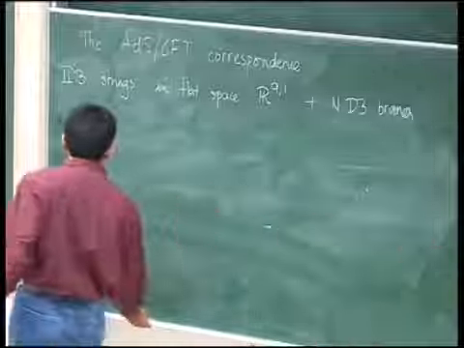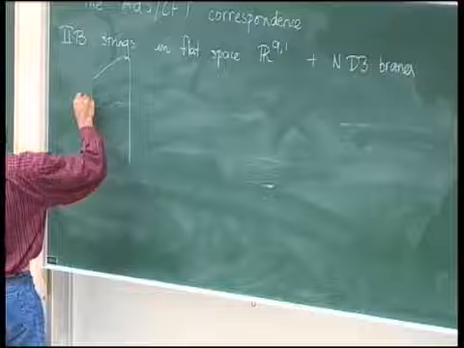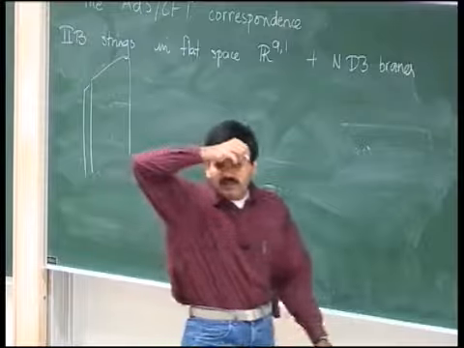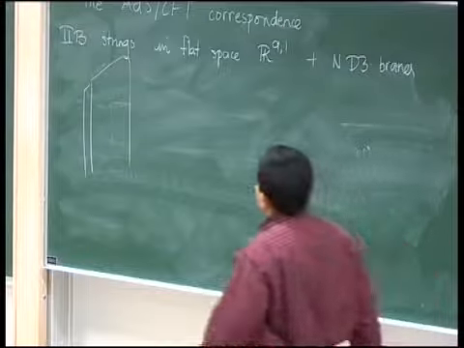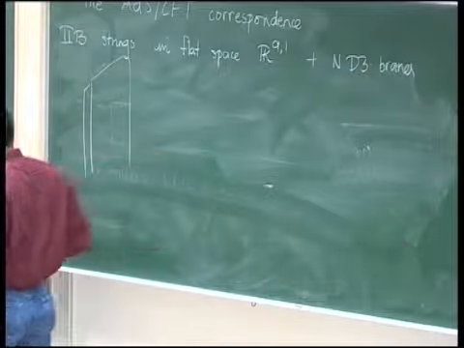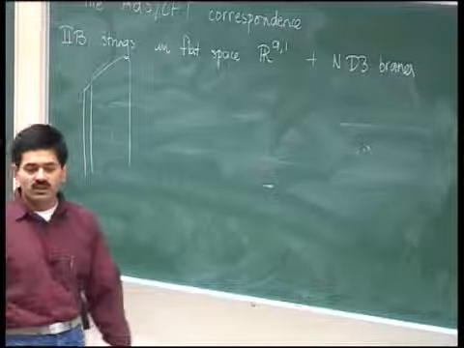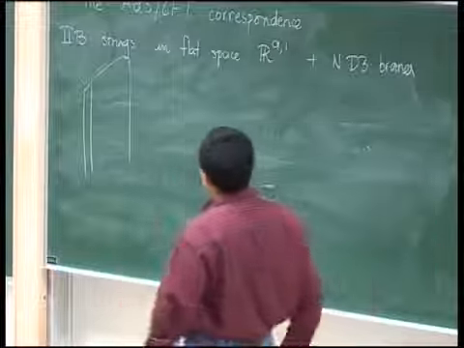So we said that we have these D3 branes sitting basically on top of each other. And if you look at type IIB strings in the background of these branes, we can play the usual rules of string theory and ask what kind of excitations we have in the system. And the excitations are basically two kinds.